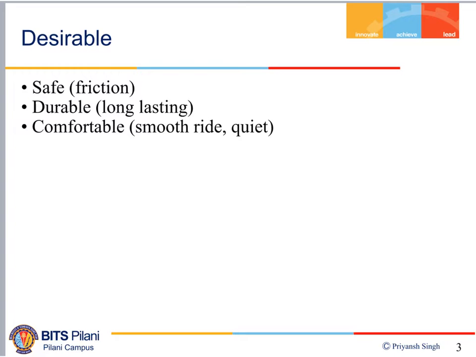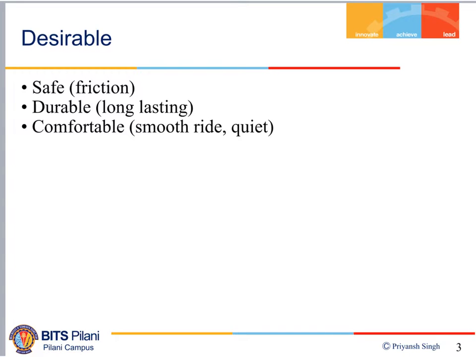Apart from the strength, durability or workability, we also require some functional requirements which will be essential for smooth movement of the traffic. We require safety, that is corresponding to proper friction over the pavement. You require durability, that the friction or the roughness of the surface of the pavement should not deteriorate over time.